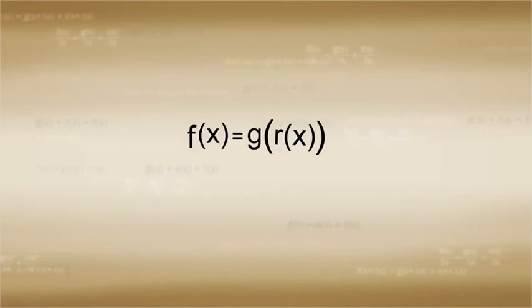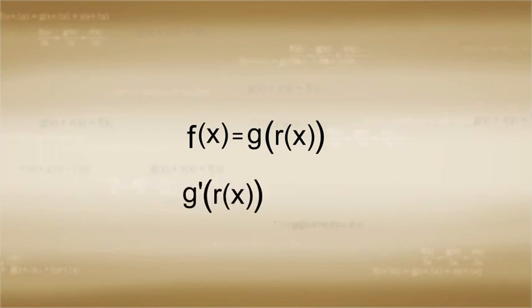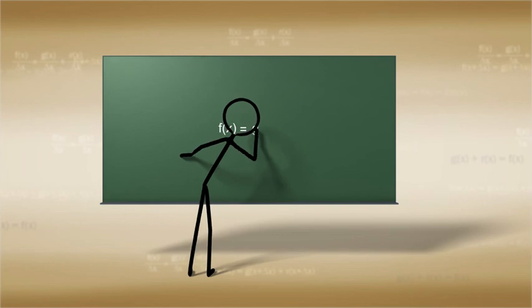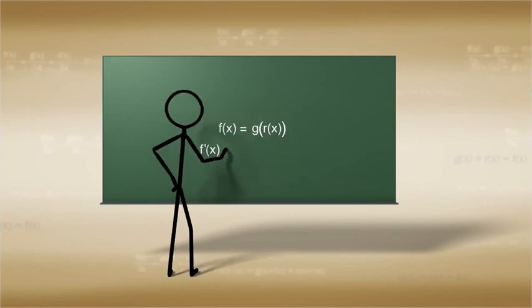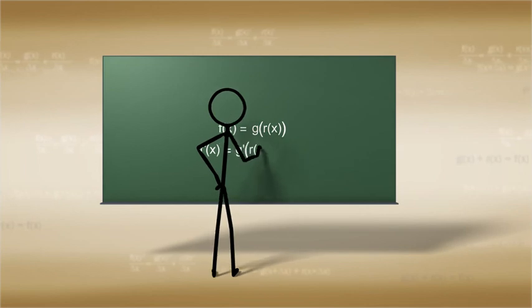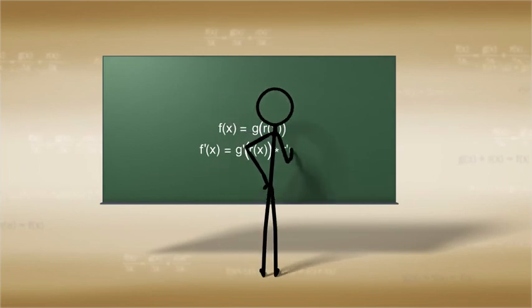This is another way of saying that in general, if we have f of x equal to g of r of x, then at any point x, we can multiply the derivative of g at r of x by the derivative of r of x in order to find the derivative of f of x. Therefore, it can be concluded that if f of x equals g of r of x, then the derivative of f of x is equal to the derivative of g of r of x times the derivative of r of x.